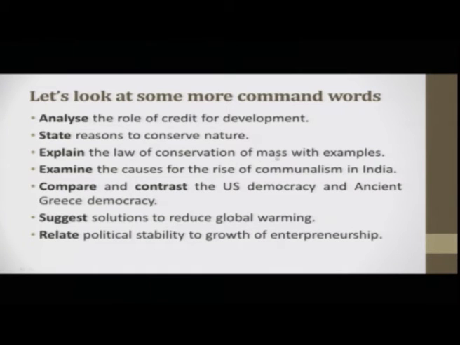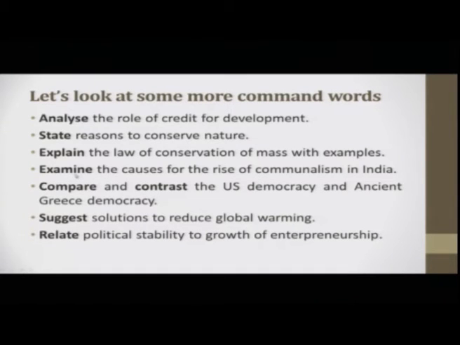Explain the law of conservation of mass with examples. When you see the word explain, details are expected from you, and as the question itself includes, you also have to give examples. You have to go into different stages, steps, procedures, and do it in detail. Examine the causes for the rise of communalism.